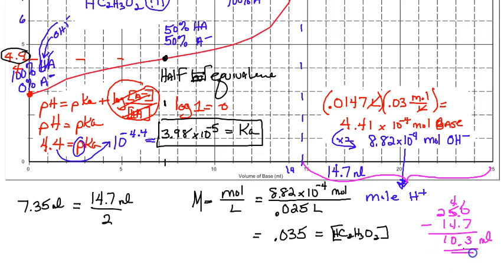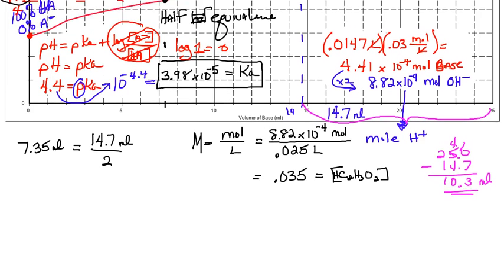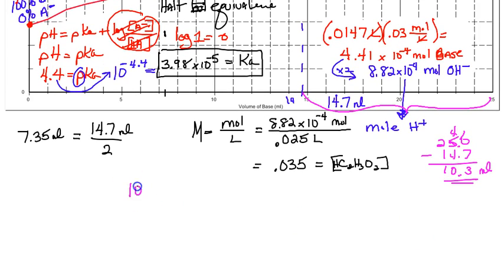So 10.3 milliliters represents the extra what? The extra acid that was added. So I have 10.3 milliliters. We know that becomes 0.0103 liters of my extra acid. I'm sorry, base. I keep doing that. Base that was added.